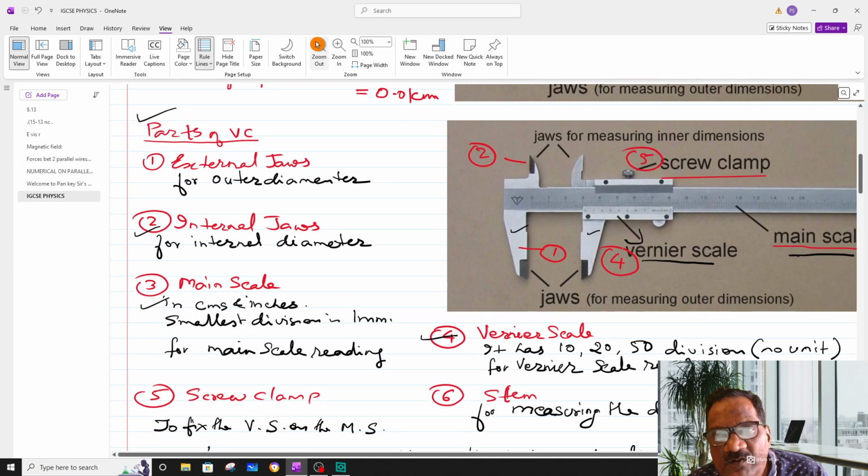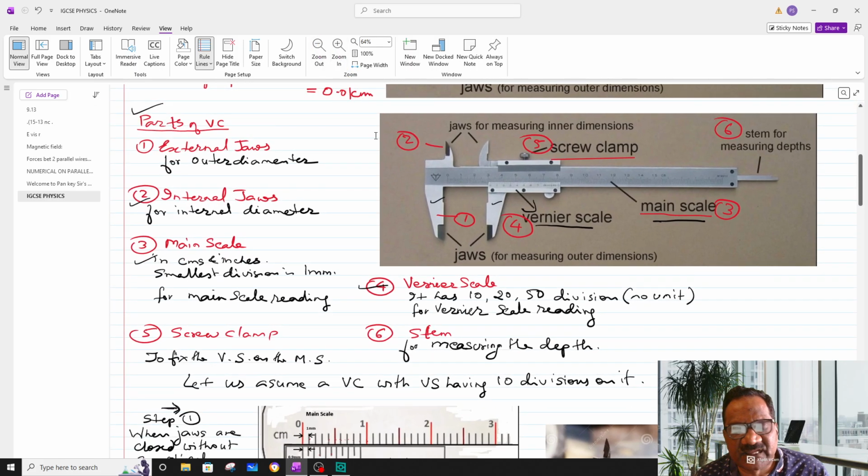This is how you have to check the number of divisions on the vernier scale. The vernier scale that I showed you a little while ago in my hand also has 10 divisions, so it is similar to this one.